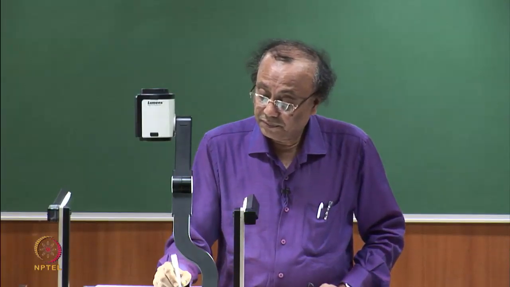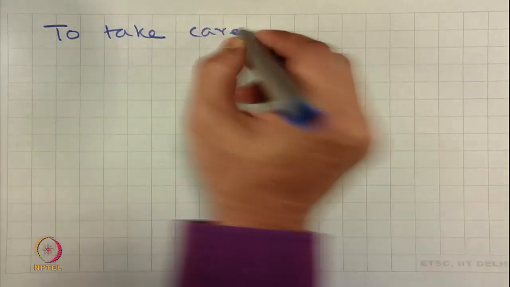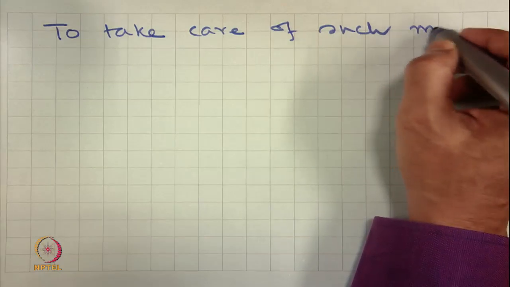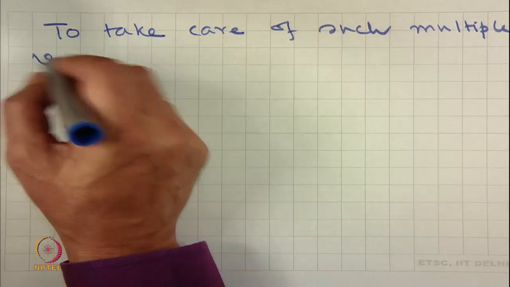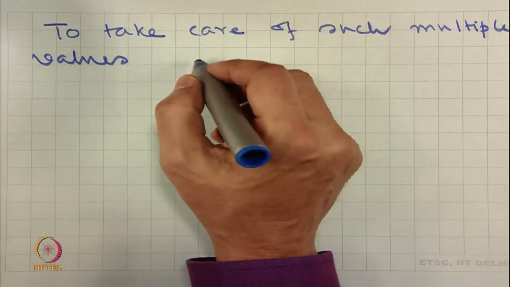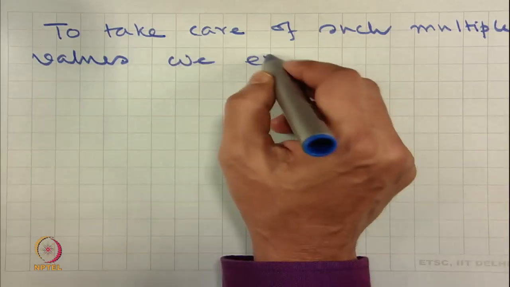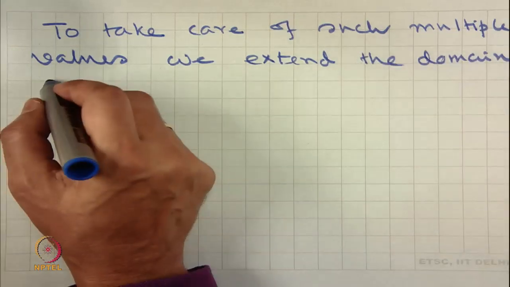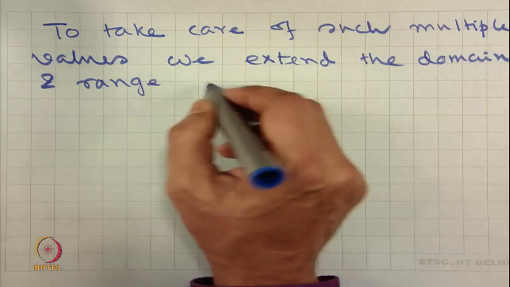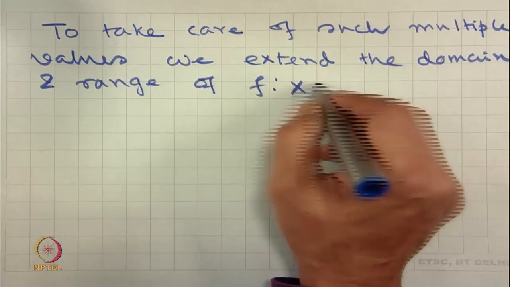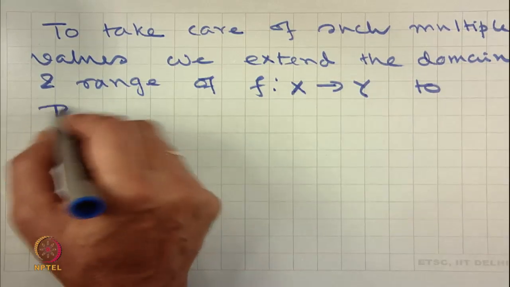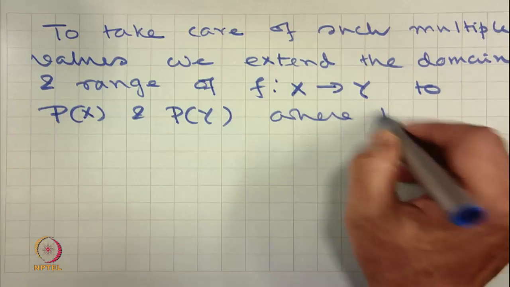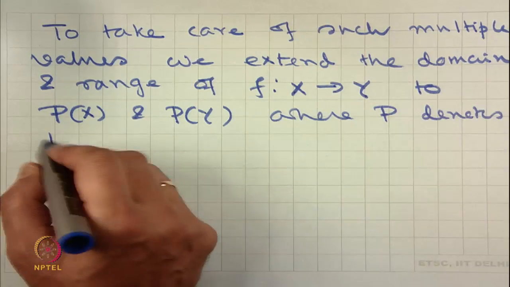To take care of such multiple values, we extend the domain and range of f from x to y to P x and P y, where P denotes the power set.